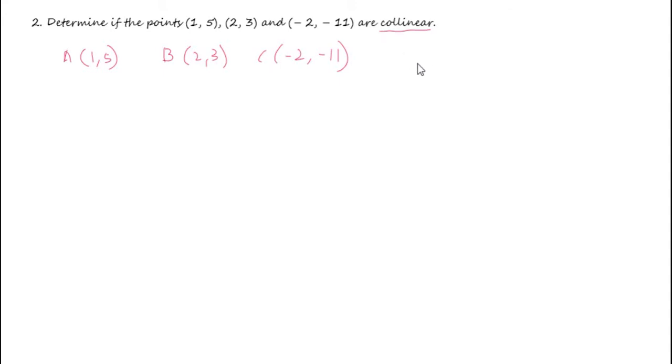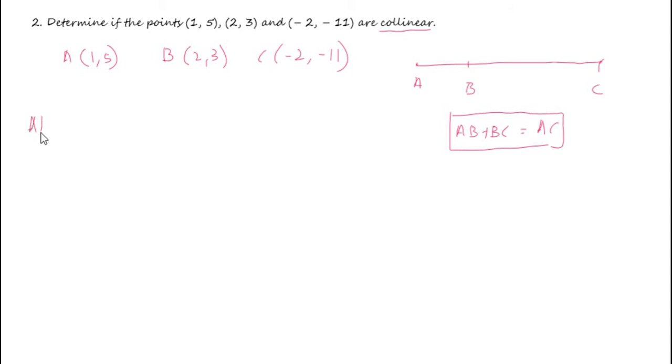If all are in the same line, suppose this is A, this is B and this is C. In this case, if they are collinear, AB plus BC equal to AC. It has to satisfy this. Now let us find the distances AB, BC and AC.